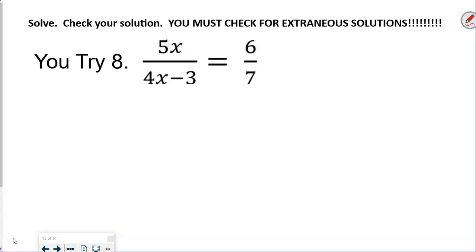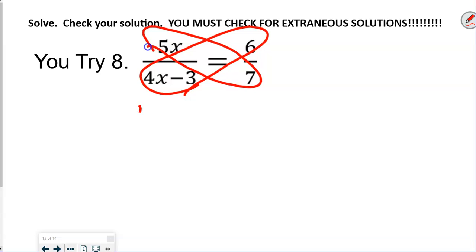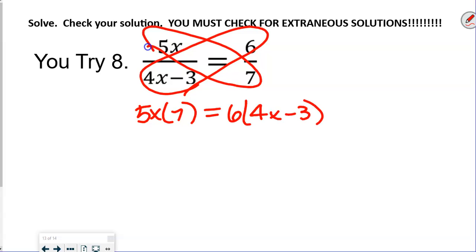Here's our last one, and we're going to do the same thing. Cross multiply here. So I'm going to do 5x times 7 is equal to 6 times 4x minus 3.